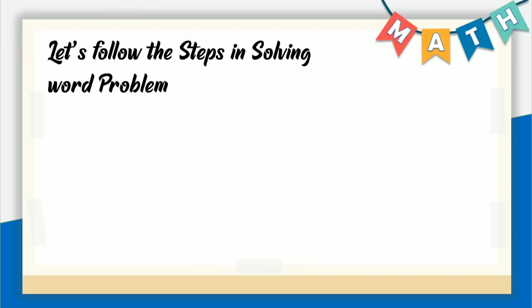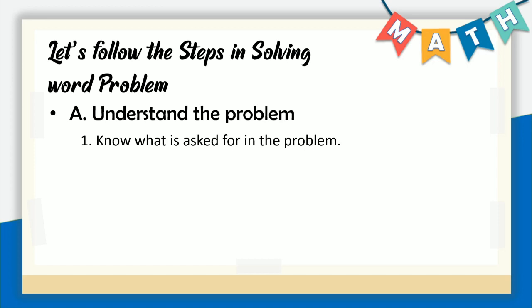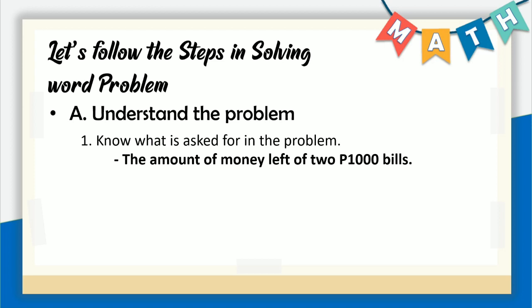Let's follow the steps in solving a word problem. First, we're going to understand the problem. Number 1, know what is asked in the problem. The problem is asking for the amount of money left of 2 1,000 peso bills. Number 2, know the hidden information.